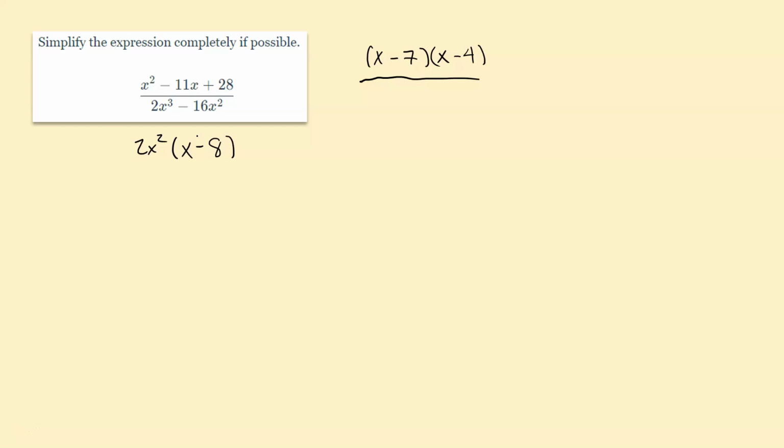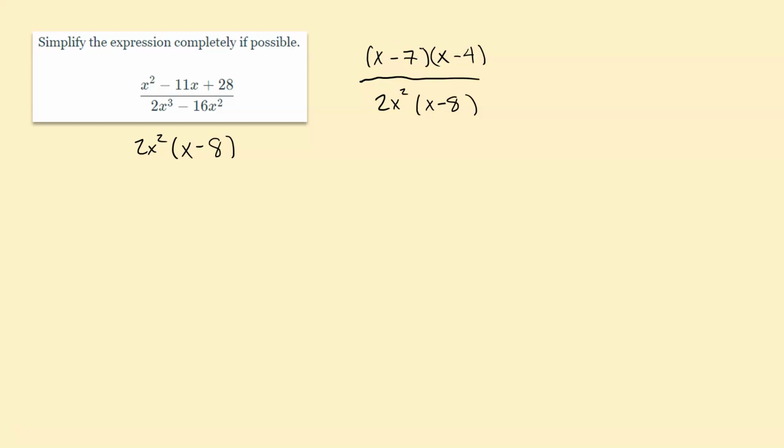And then sometimes you'll be left with a difference of perfect squares over here, and then you might be able to factor again. In this case, x minus 8 does not factor again. So that is all of the factoring we can do.